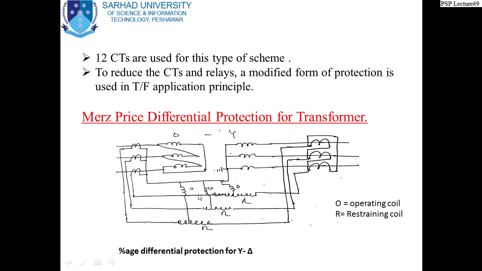If there is any imbalance of current because of different characteristics, this may be overcome with the help of the restraining torque, so that if the operating torque is more than the restraining torque by a certain percentage, then the relay operates. Otherwise, it doesn't operate.